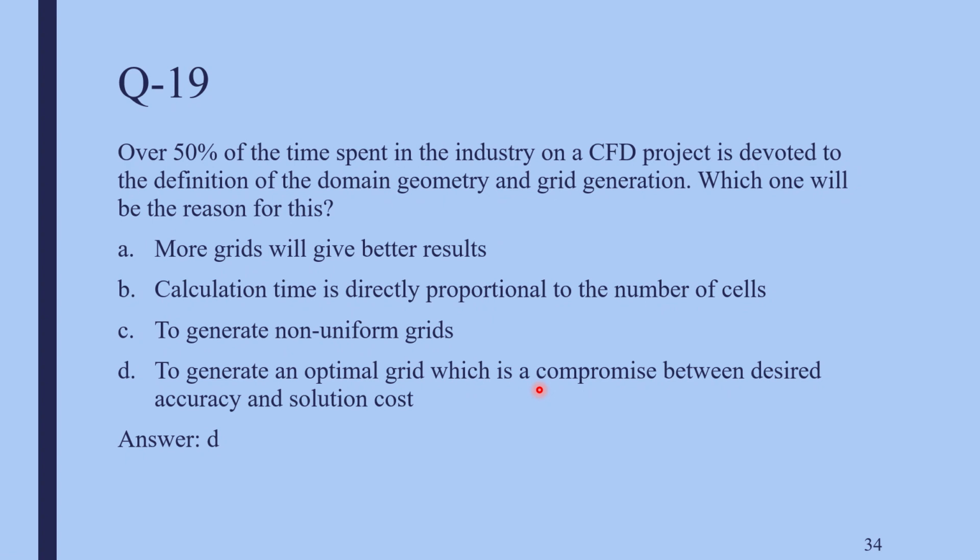If more number of grids, what does it mean? We would be having very small grids. So for example, we have this small system. Discretizing means we would be dividing it into small elements or small cells, so that in CFD, as we have seen, we know the value at the boundary.